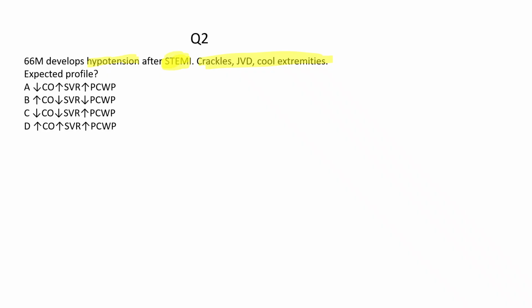So whenever you have a STEMI, you have essentially an occluded coronary artery, right? And if you have an occluded coronary artery, what ends up happening is you have myocardial wall damage, right? So if I just draw a poorly drawn heart here, and you have your coronary arteries here supplying the muscle of the heart, and then there's an occlusion here, this wall is going to be damaged, right?